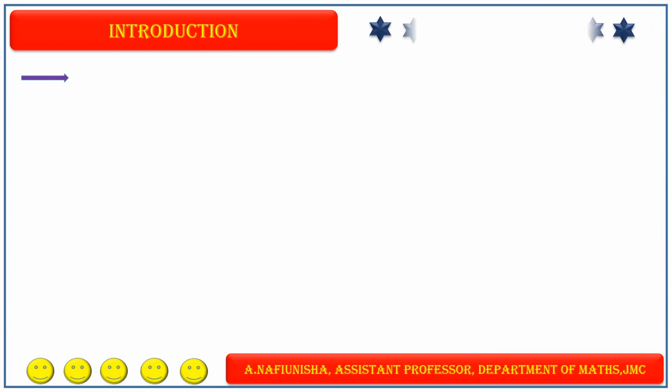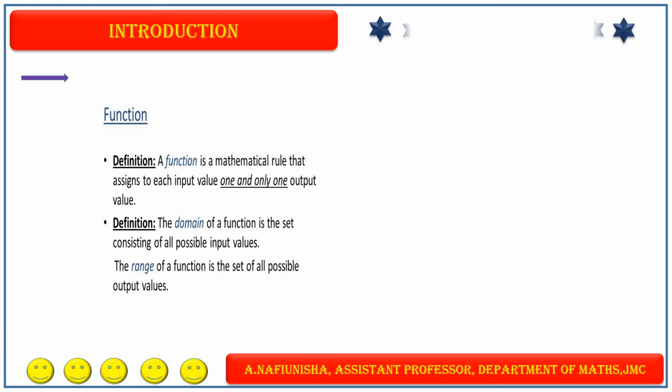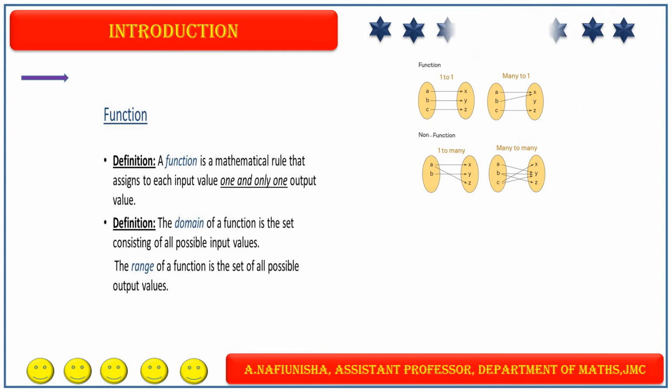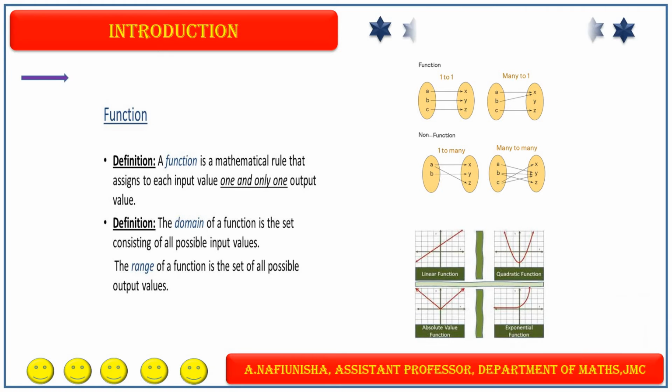Next definition. Function. A function is a relation in which each possible input value leads to exactly one output value. We say the output is a function of the input. The input values make up the domain and the output values make up the range.